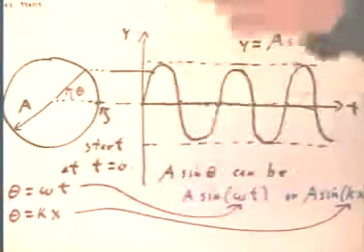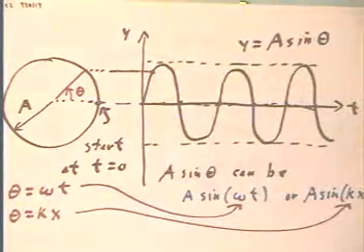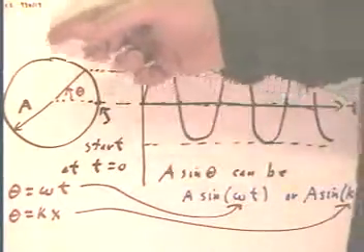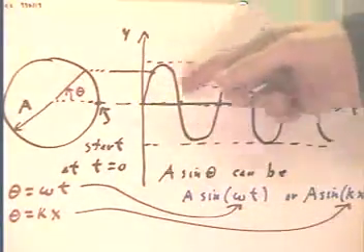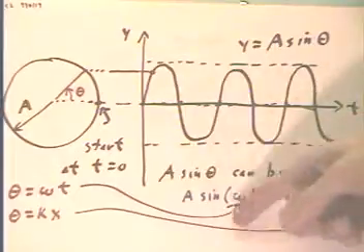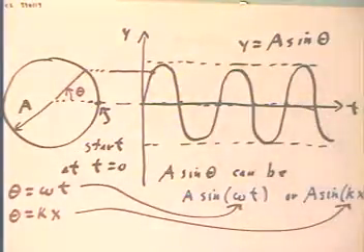If theta equals omega t, where omega is our angular frequency in radians per second, then our interpretation of this is that we have a graph of a sine theta versus clock time t. And the a sine theta function really is representing a sine of omega t.